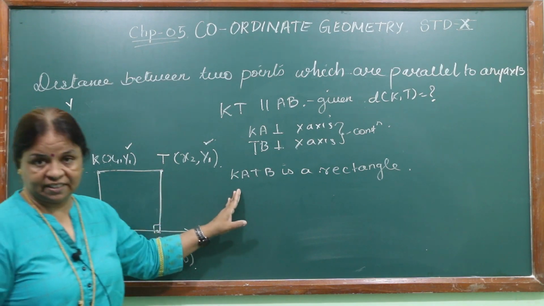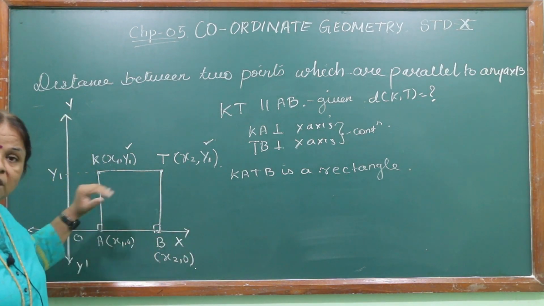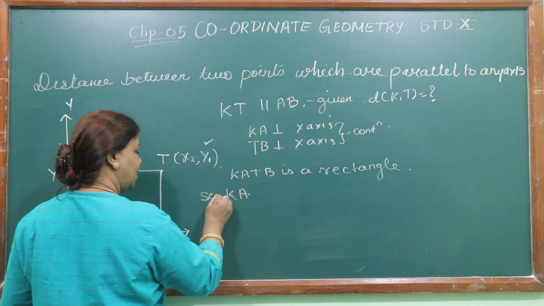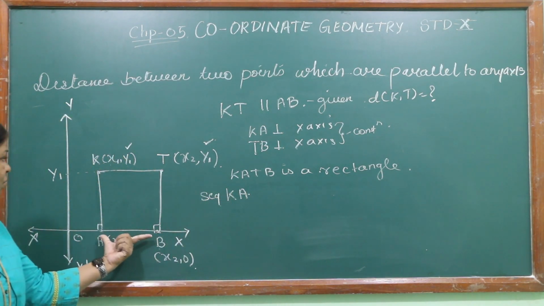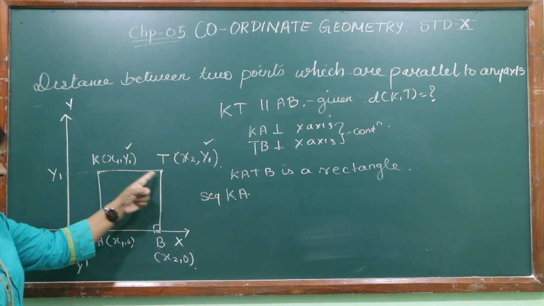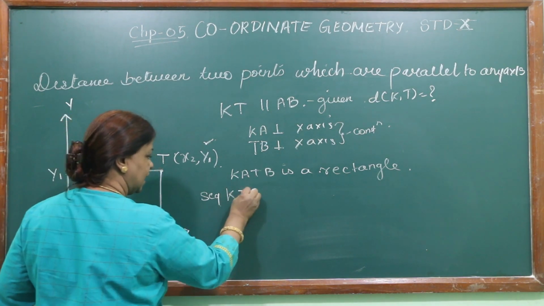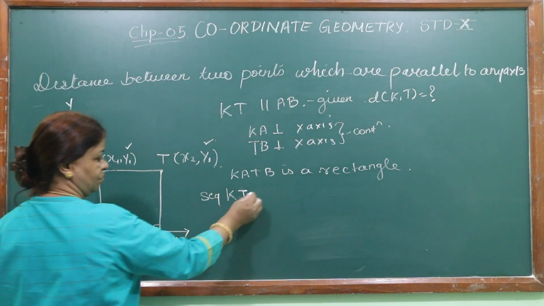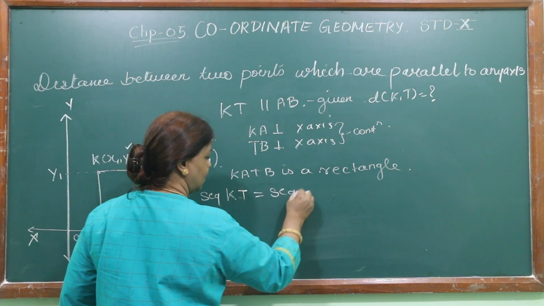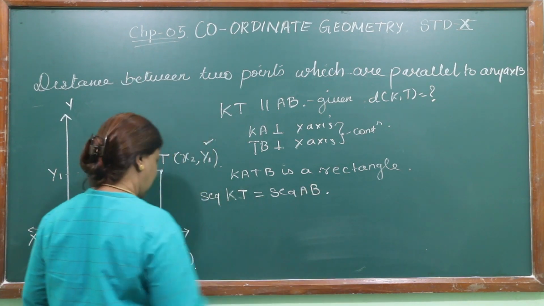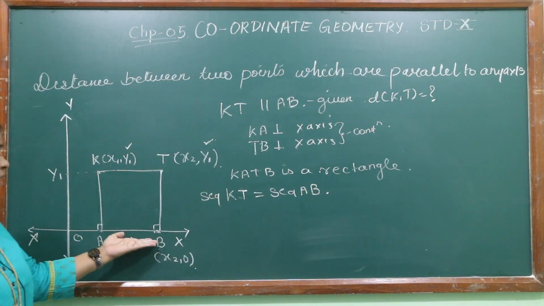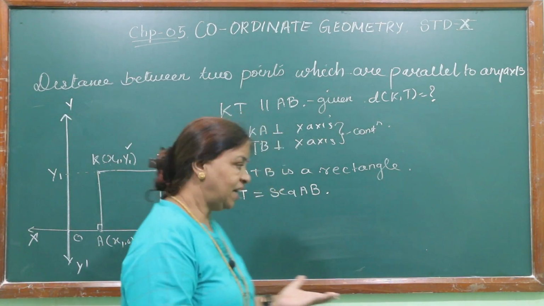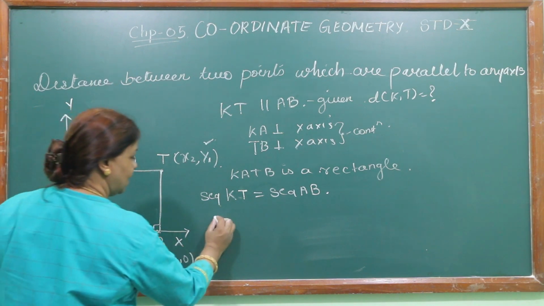Now if it is a rectangle, opposite sides are going to be equal, children. So I can say segment KT is going to be equal to segment AB, and I can find the segment AB because AB is lying on x-axis. How can I find AB?